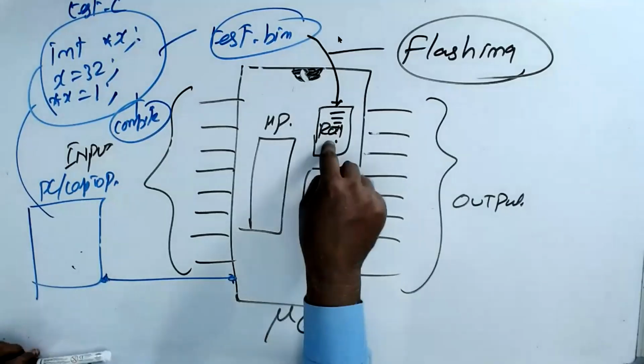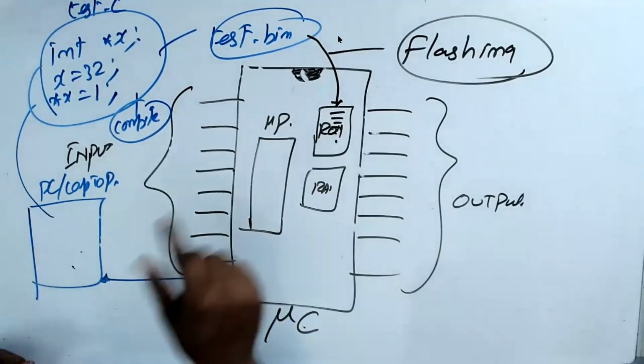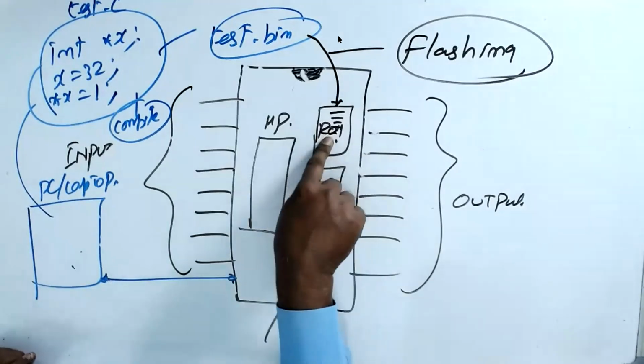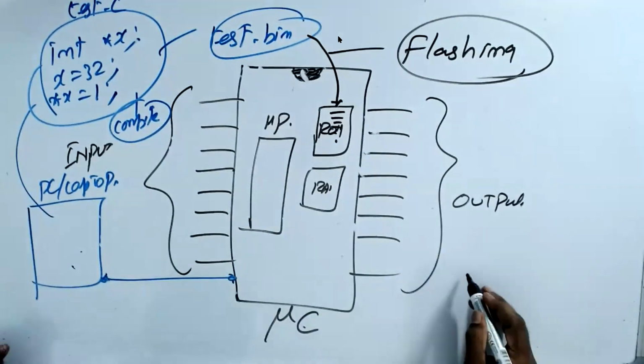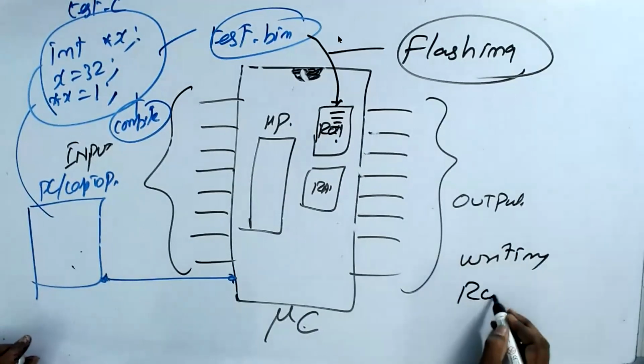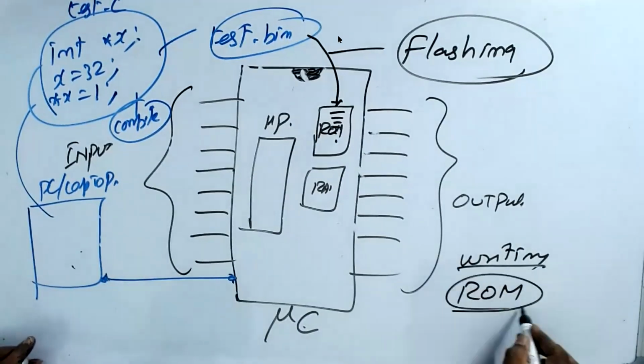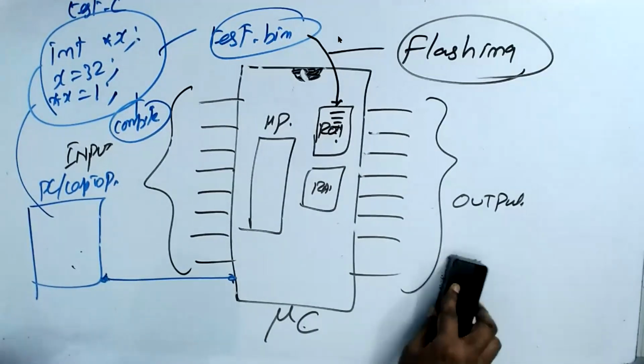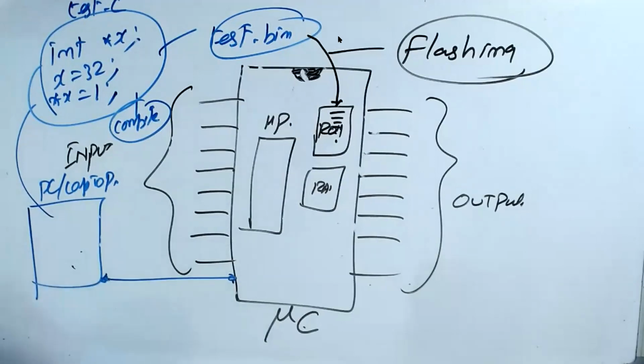I told you ROM is read only. Now I myself am telling you that you can change the ROM code. That means we are writing into the ROM. There looks to be a confusion, but I'll clear it next week. We'll go slowly, no hurry. Right now, I'm trying to give you a concept.